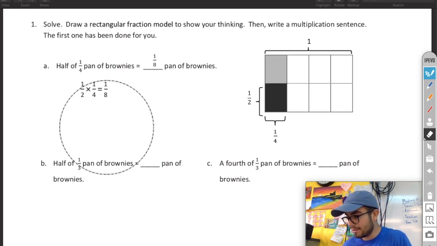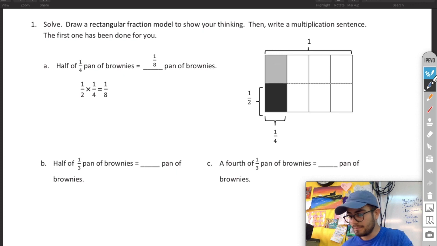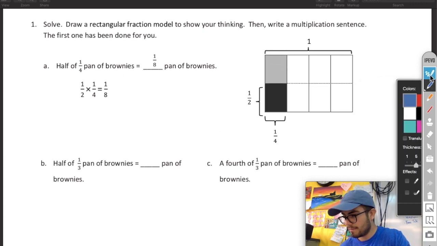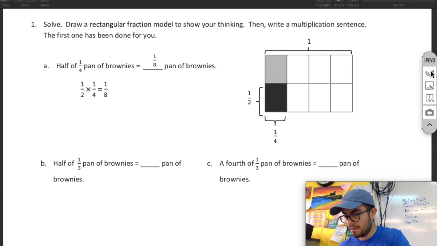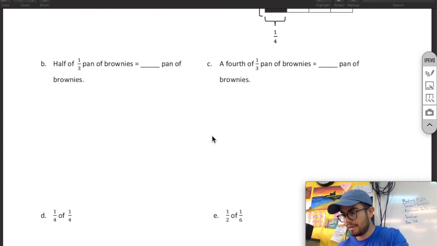So I'm going to take a look at B here. B is asking how much is 1/2 of 1/3 pan of brownies.